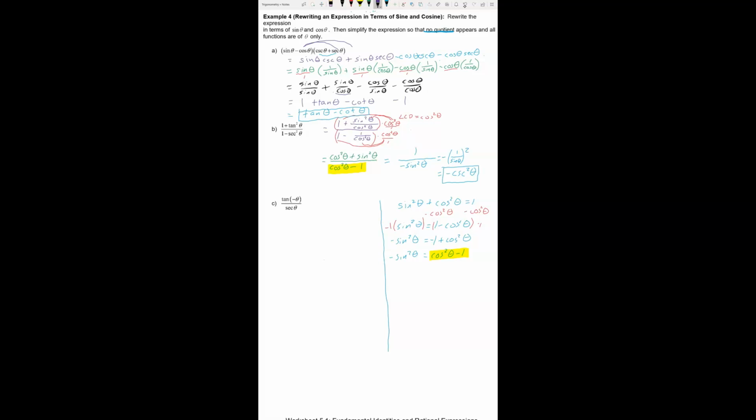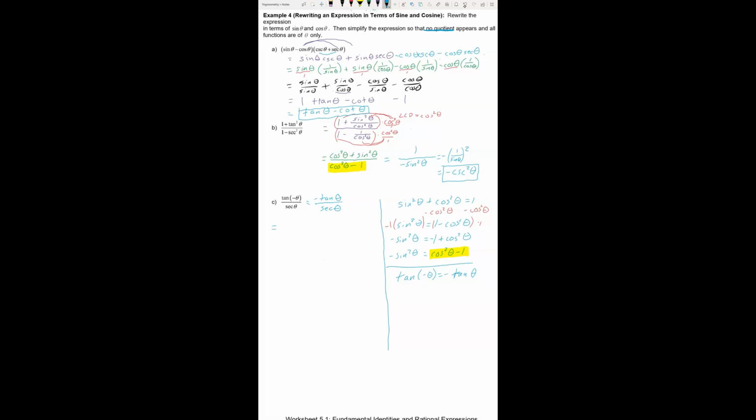Example C. Tangent of negative theta divided by secant of theta. Recall that our negative angle identities tell us that the tangent of negative theta is simply negative tangent theta. Therefore, we can rewrite tangent of negative theta as negative tan theta.